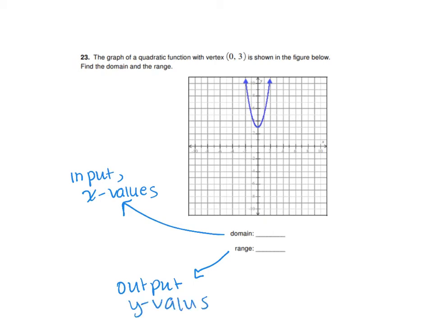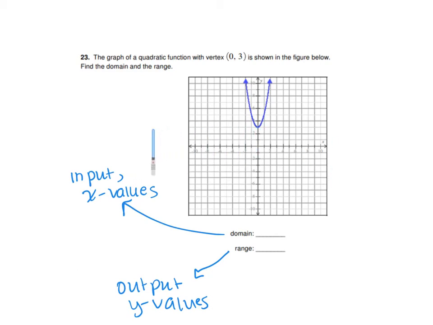So if I am looking at my graph, I know that these arrows will continue on. These arrows here will continue on this way forever and continue on that way forever. So if I'm looking at my x-axis, I know that any x value I pick, I will get an output.